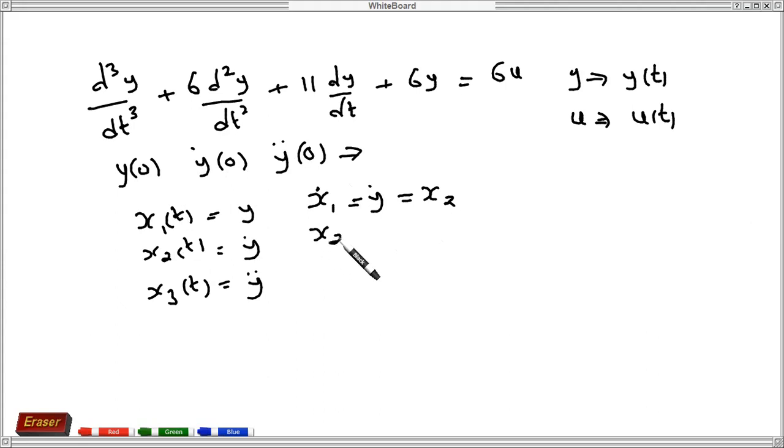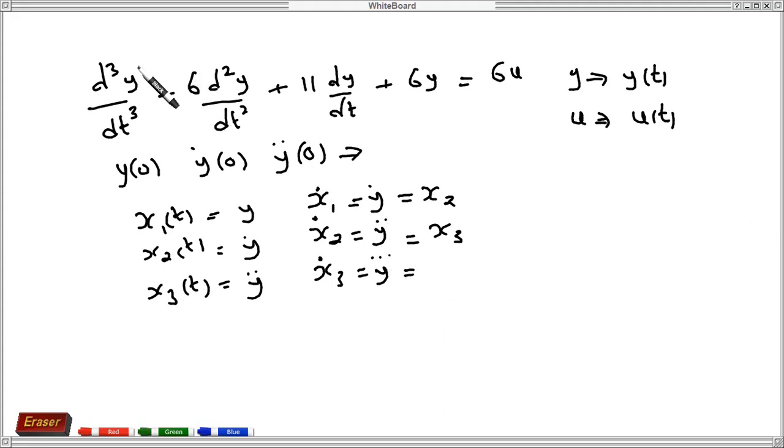Then x2 derivative is y double derivative, which is equal to x3. Finally, x3 derivative is equal to y triple derivative, obtained by differentiating y double derivative.